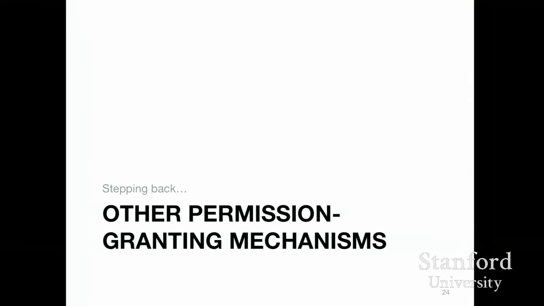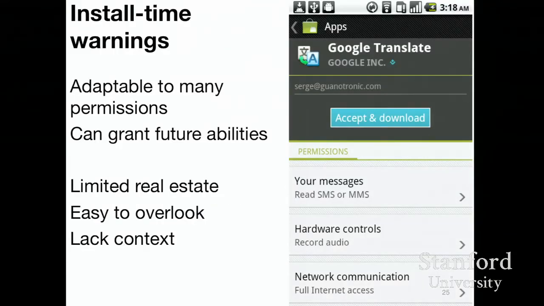So, there are many different ways of granting permissions on mobile devices, and this also applies to desktop platforms as well. In the case of Android, there are install time warnings. This is how it appears in, I guess, the more current versions of Android. The advantage of install time warnings for permissions is that they're adaptable to basically every permission.